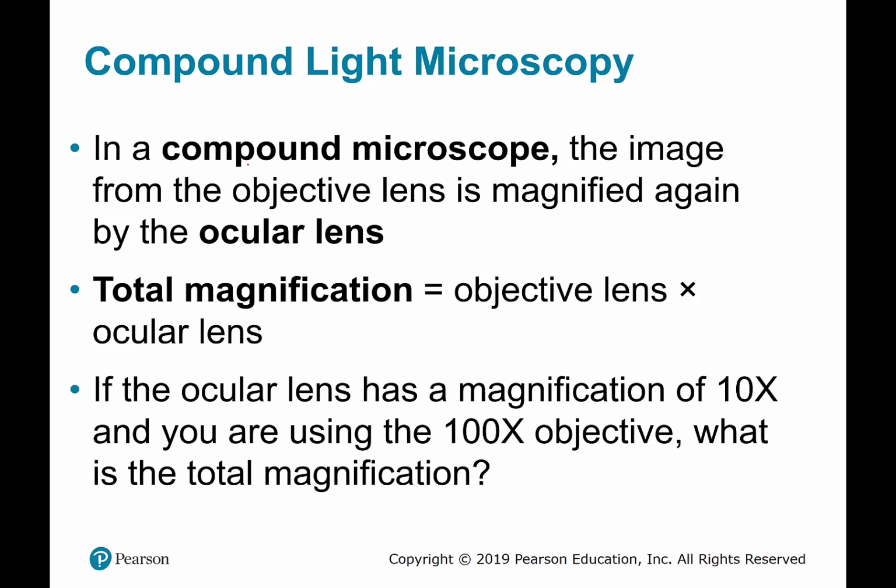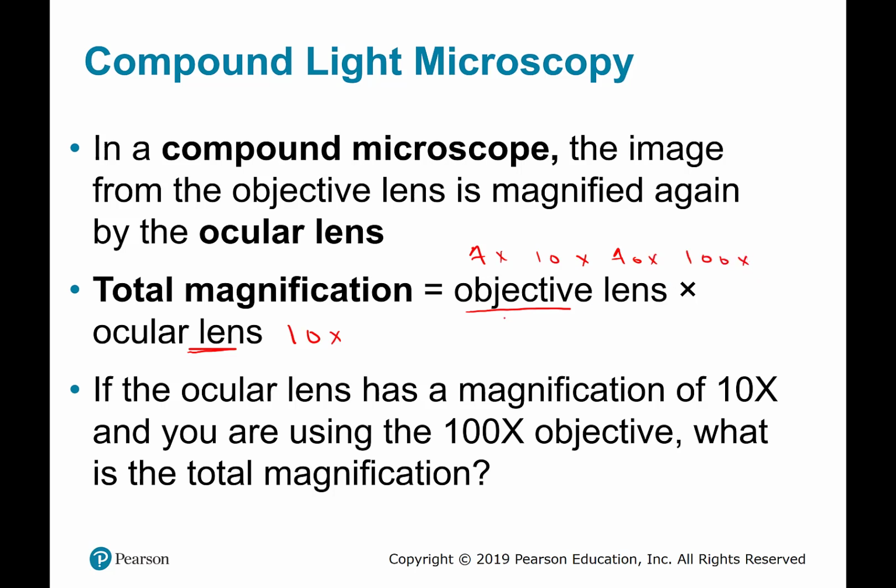And to determine the total magnification of that specimen, you multiply the magnification power of the objective lens by the magnification power of the ocular lens. And as I mentioned, the ocular lens is typically going to be 10 times, and we write that 10x, whereas the objective lens, that magnification lens, may be 4x, 10x, 40x, or 100x.